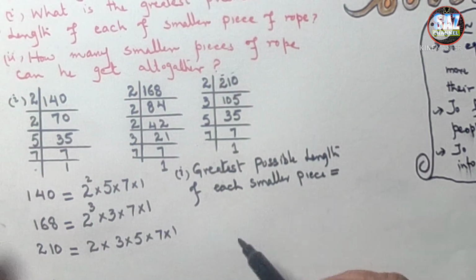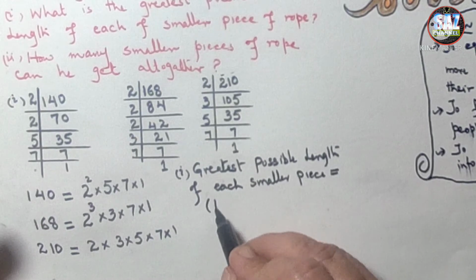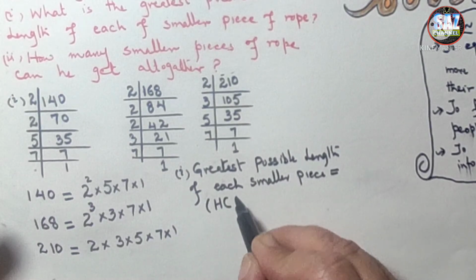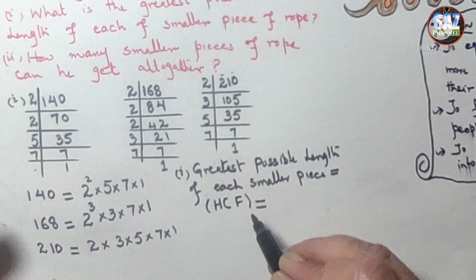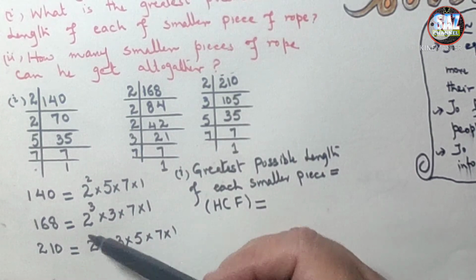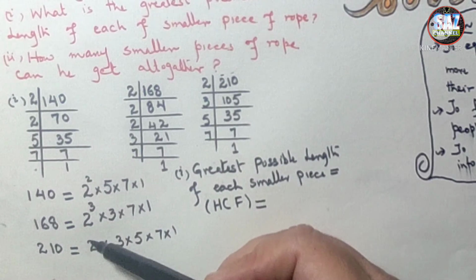So what we have to do is take the HCF, highest common factor, of all these numbers or factors.